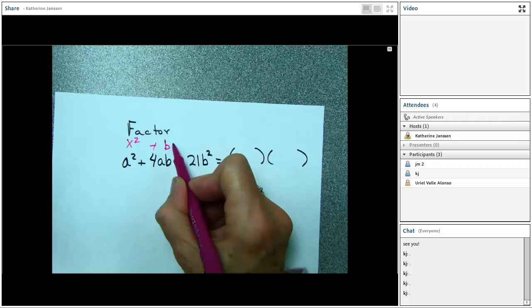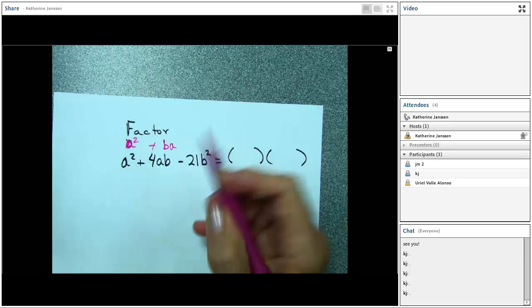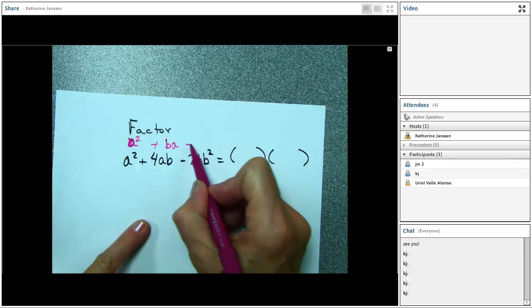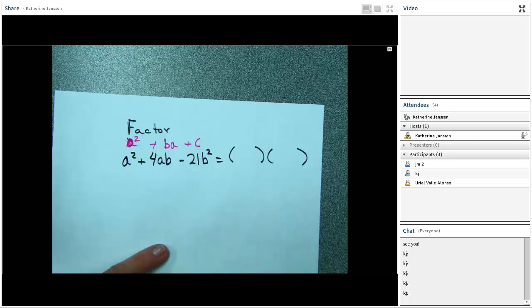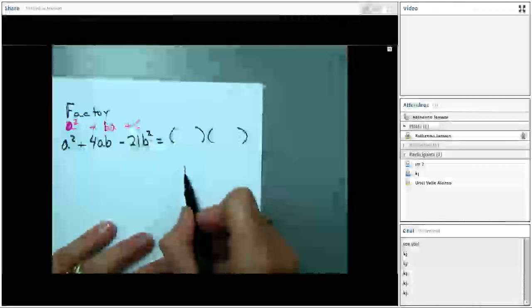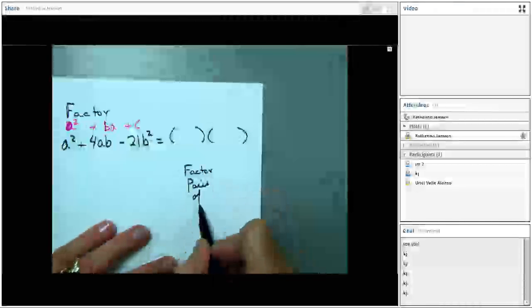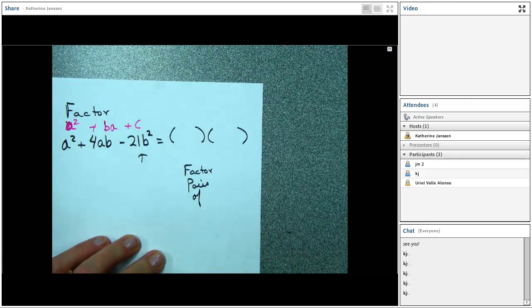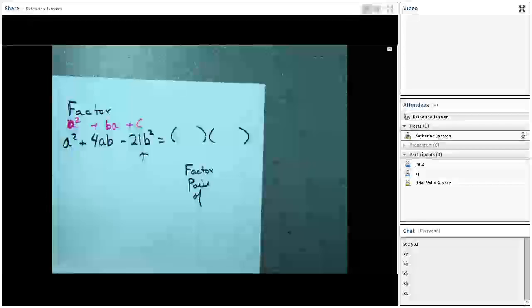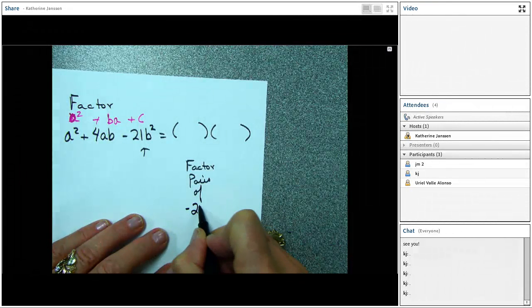Something times a, I guess we're looking at a squared, let's do it that way. A squared plus something times a plus our constant. Looks a little bit different. We need factor pairs of our constant, and our constant is negative 21b squared.